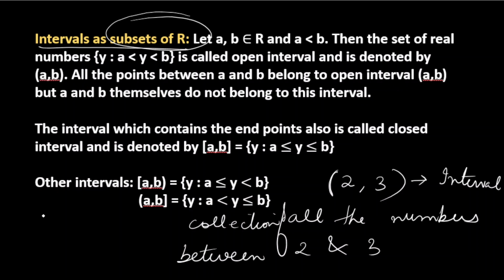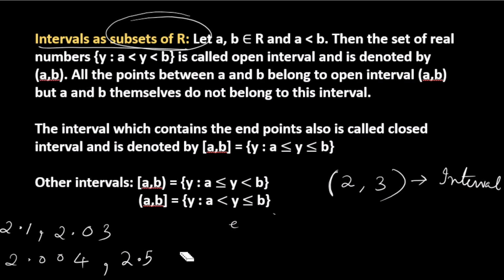So this collection will start from here, like 2.1, 2.03, 2.004, and so on, up to numbers like 2.5. So numerous, infinite numbers will be there, all the numbers between 2 and 3. We don't have to include 2 and 3 in this one. So this is known as an interval.